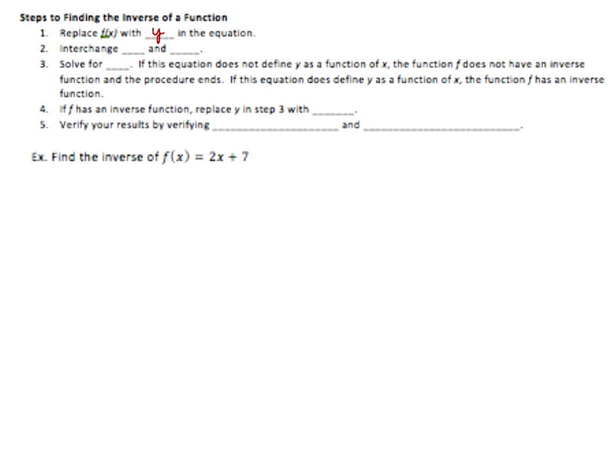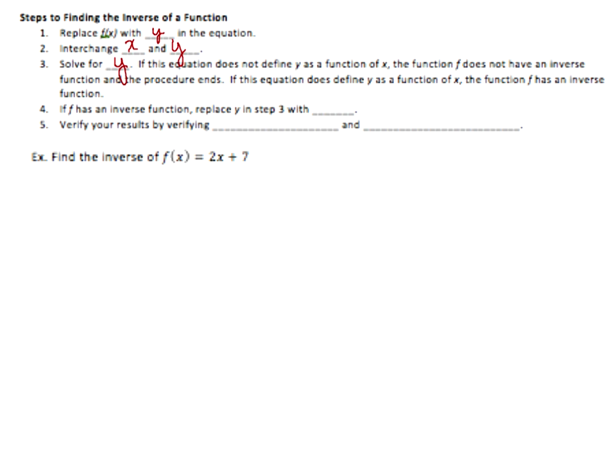It just makes it easier on the eyes. And then if you remember what I said a little while ago, the x, y tables of inverses are exactly flip-flopped from each other. So the second step in this process is to interchange x and y. You're just going to flip-flop x and y, and I'll show you what I mean there in a moment.